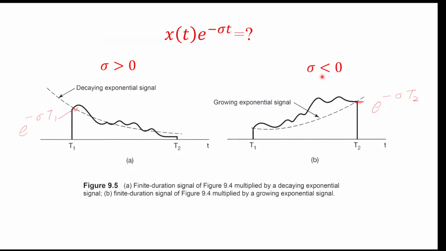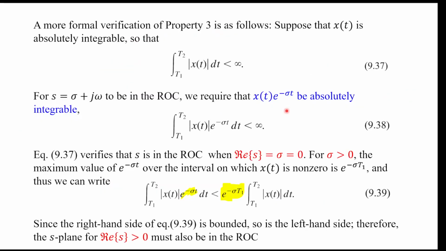And if sigma is less than 0, then it is at most e to the minus sigma t2. But t1, t2 and sigma are finite values for any finite sigma, so you are basically multiplying x of t by some finite value, and this integration should still be finite. We can see all this reasoning in algebra more clearly here.